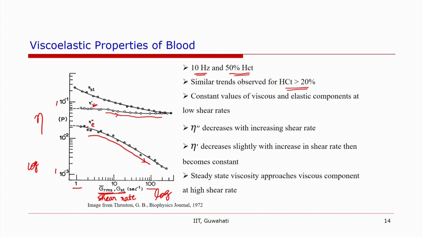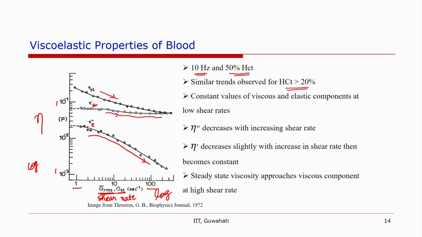We have already seen this behavior for the steady state viscosity, which decreases continuously up to a shear rate of 100 per second, and above that the viscosity is constant, which we call shear thinning behavior.